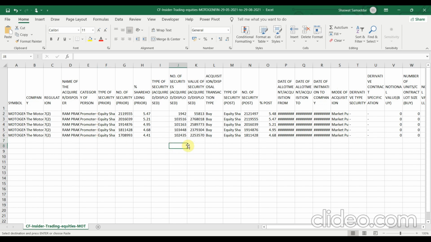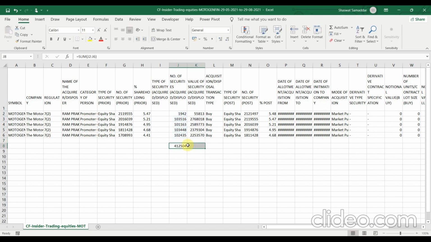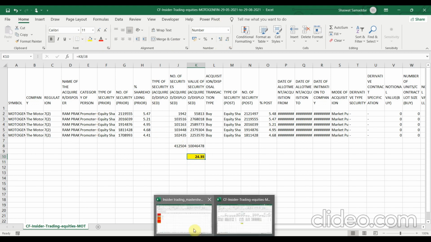So let's just quickly calculate the total number of security. Okay, sorry, I forgot to apply the sum method. Let's now divide the total value of security by total number of security, and here we have our number, the average price highlighted, 24.35 rupees. Let me just mark it here.